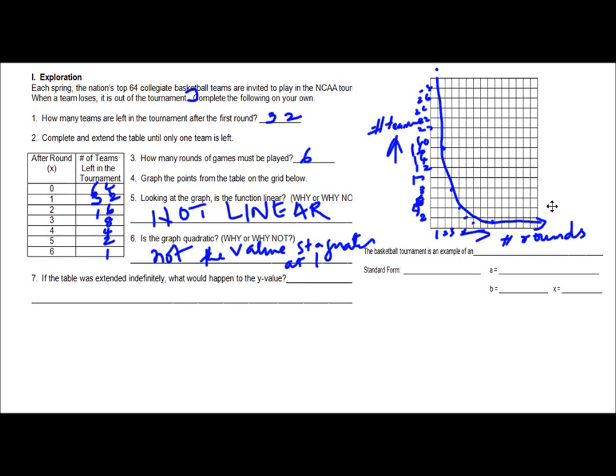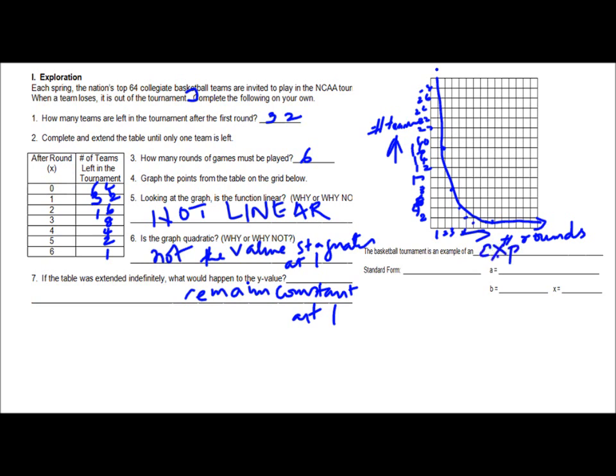It's not coming up at all. If the table was extended indefinitely, what would happen to the y value? The y value will remain constant at 1. So the basketball tournament is an example of an exponential function.